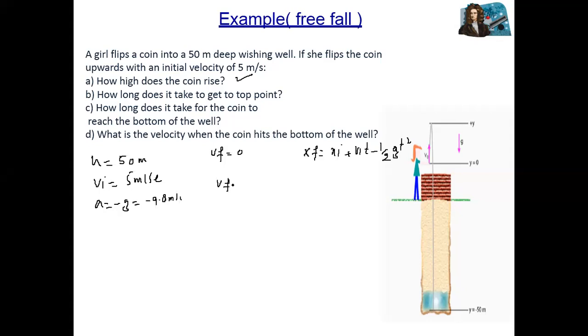We have the first equation: Vf equal to Vi minus gt, where V at maximum height is 0, initial velocity is 5, minus 9.8 multiplied with time. So if you transfer 9.8 to the other side, we have 9.8 t equal to 5, or t is equal to 5 divided by 9.8.